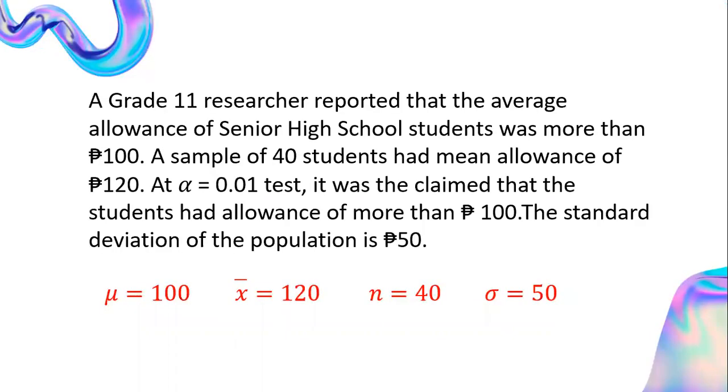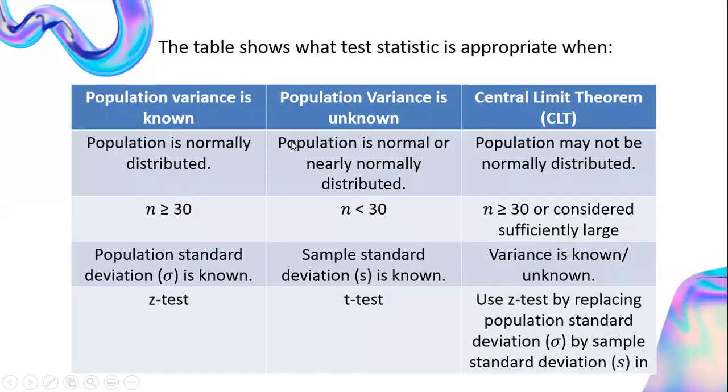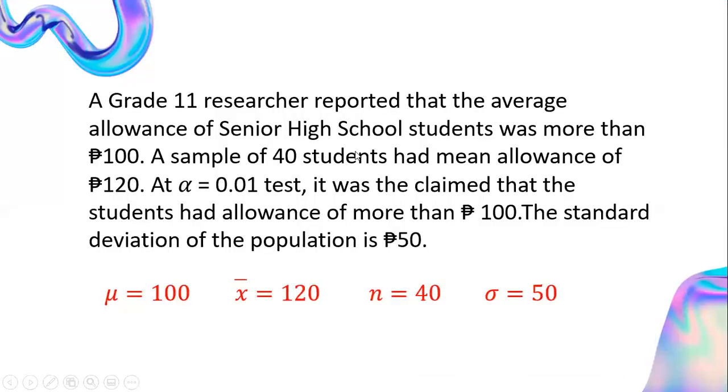So I have here an example where we try to take note of the different notations. As you can see in the problem, it states that a grade 11 researcher reported that the average allowance of senior high school students was more than 100. Average, so meaning that's the population mean, 100 pesos. Then a sample of 40 students, meaning your small n is 40, had a mean allowance of 120.